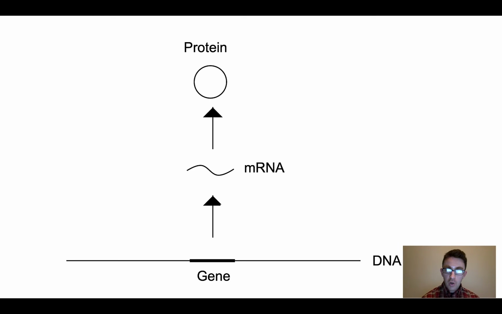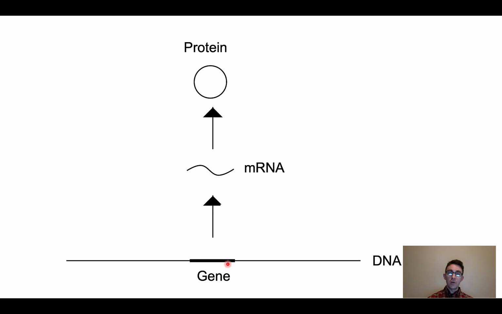So the first thing I'm going to tell you guys about is the central dogma of molecular biology. Basically, the central dogma describes the flow of information from genes in the DNA to messenger RNA to proteins, which then go on to carry out various functions within the cell. The way it works is that there are segments in the DNA called genes.